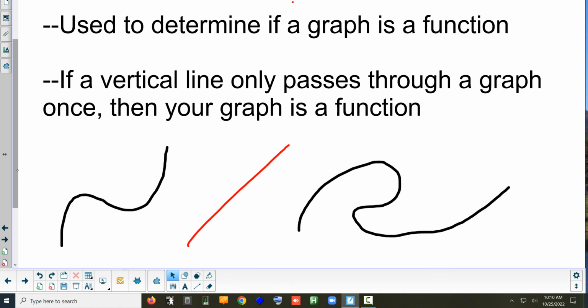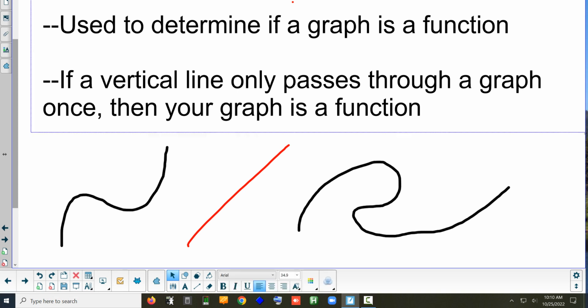Okay, so on your guided notes, you guys have two kind of bullet points there. So the first one, you want to put that the vertical line test is used to determine if a graph is a function. This test is specifically used when you have a picture. You don't use this when you have numbers.